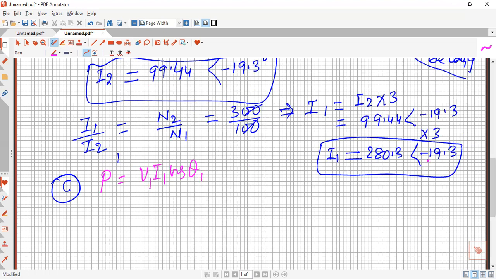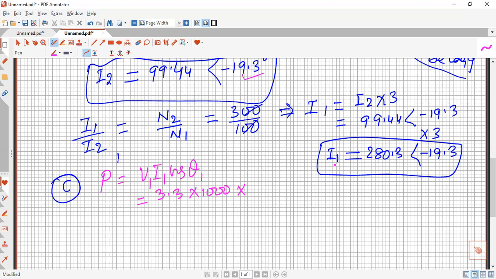Here the primary angle is minus 19.3 and the secondary current I2 also has the same angle. So here we can put the primary voltage, which is equal to 3.3 kilovolt. Primary voltage, or LV side voltage, is 3.3 kilovolt, so you have to multiply it by 1000.